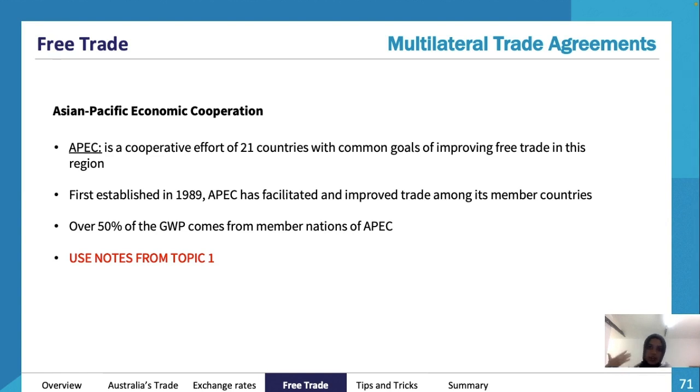So essentially just helping free trade, and trading goods has become a lot easier between them. So over 50% of the gross world product actually comes from member nations of APEC. So you can see that this is quite an important cooperation and free trade agreement. So you can definitely use your notes from topic 1 to help you out with this as well.